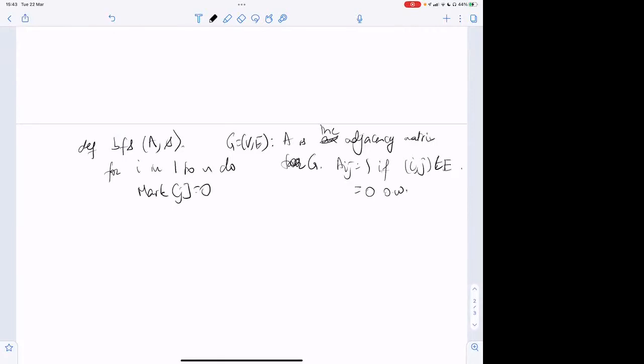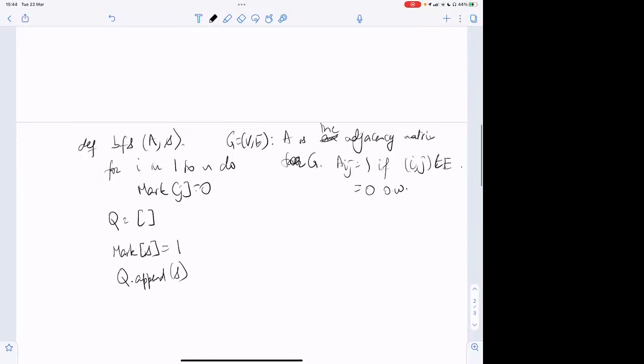So everything is unmarked. Correct. And your queue is the empty queue. This is the initialization. Now you start the algorithm. So you do mark[S] equal to 1, Q.append(S). You add S to the queue.